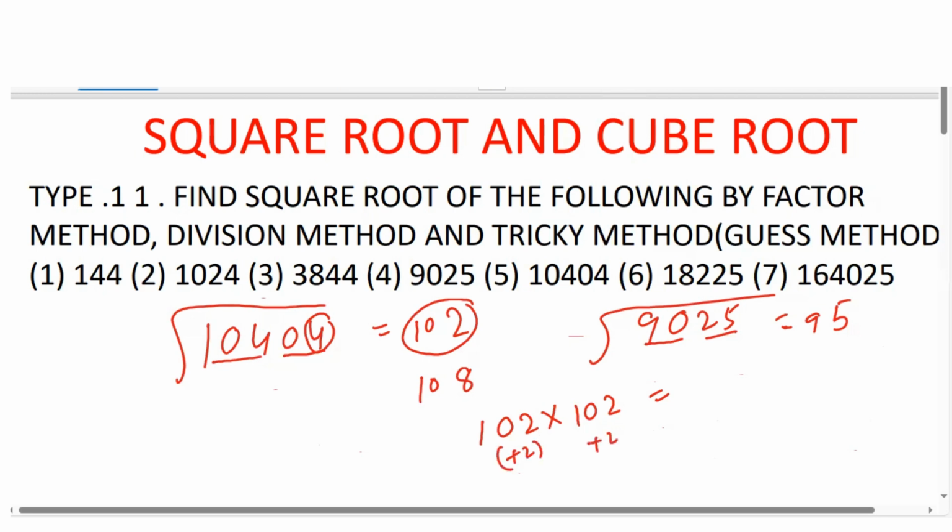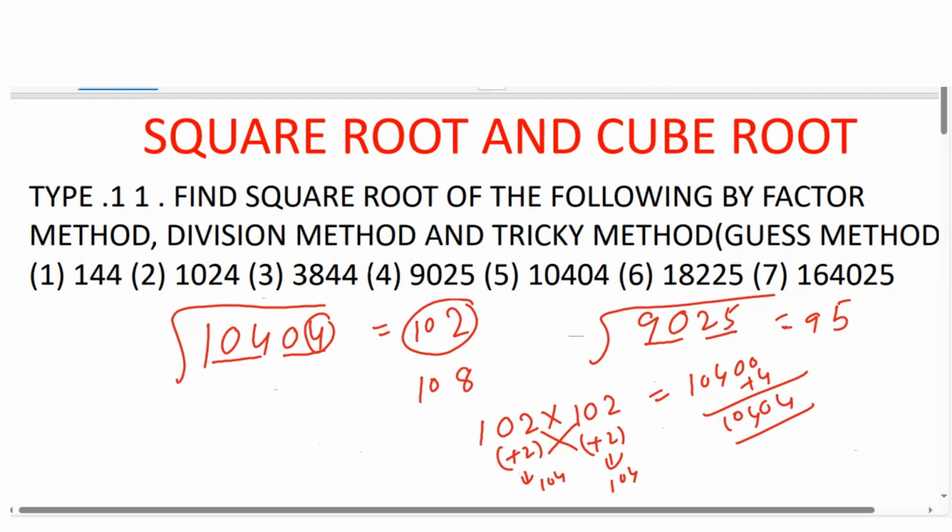So when you cross-add, 102 plus 2 is 104. The base is 100, so 104 into 100 gives 10400. Now 2 into 2 is 4, just add 4. So what you are getting is 10404. So our product of 102 times 102 is 10404. Yes, correct. That means we got 102 squared.